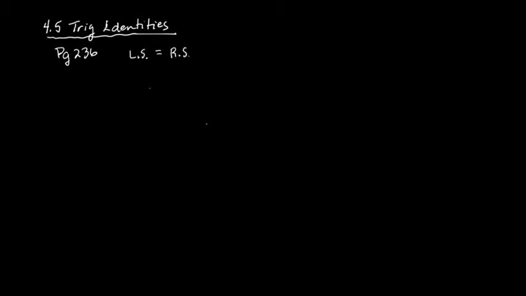You actually can't balance the equation. You can't bring one term over the equal sign like you do when you're solving. In this case, you're working with the left side, then you're working with the right side, and you're showing that they are equivalent expressions.